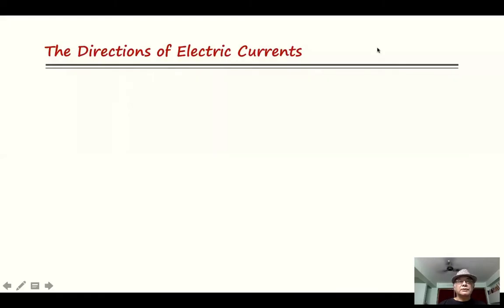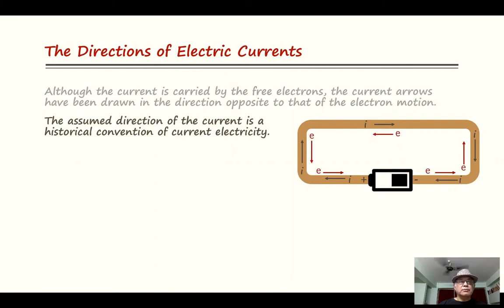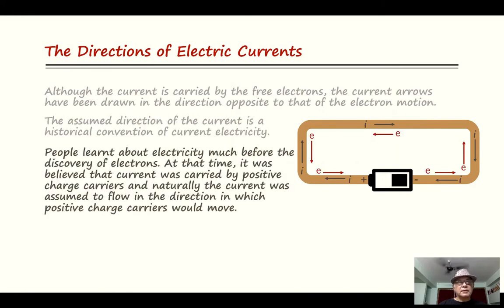The directions of electric currents. Although the current is carried by free electrons, the current arrows have been drawn in the direction opposite to that of the electron motion. The assumed direction of the current is a historical convention of current electricity. People learned about electricity much before the discovery of electrons.